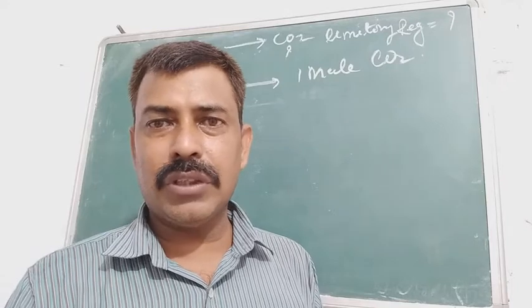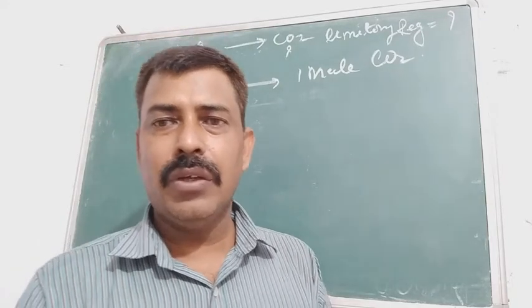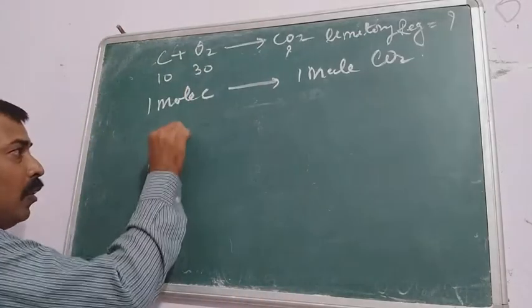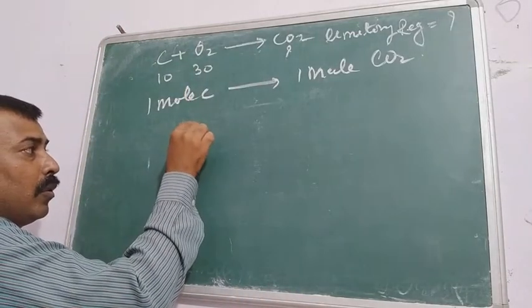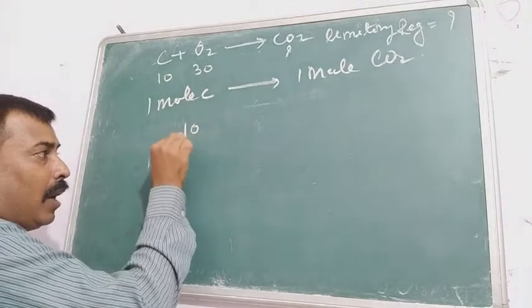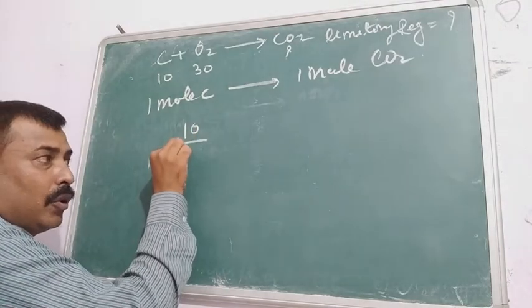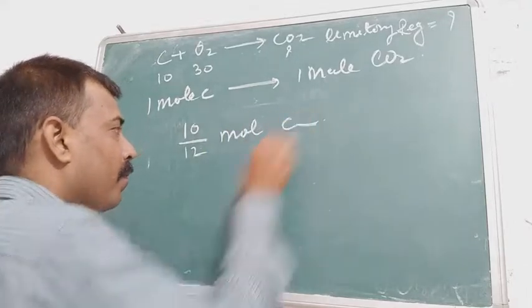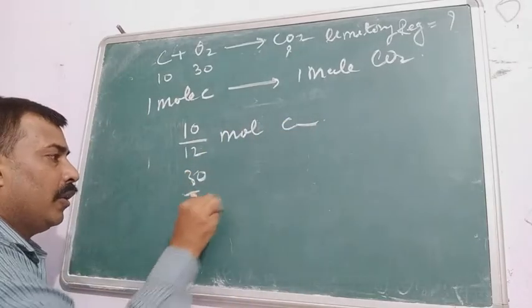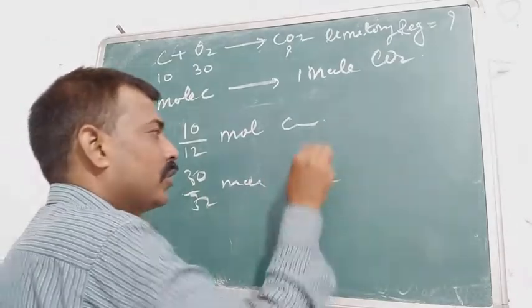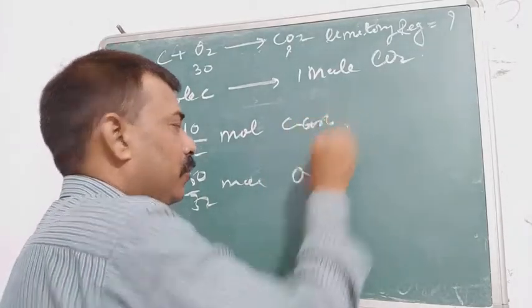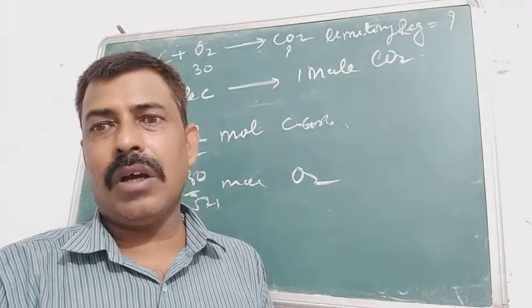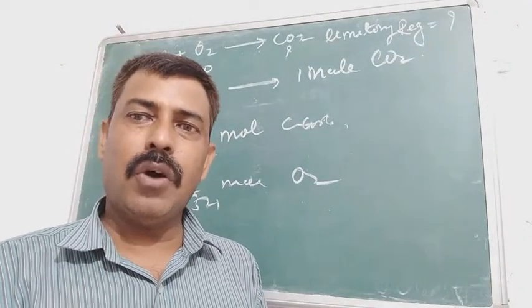So in that process, if you proceed in the same way, we first find the number of moles. That means according to the reaction, 10 gram of carbon means 10 by 12 moles of carbon, and 30 by 32 moles of oxygen, and on the basis of these values, we have taken 10 gram of carbon and 30 gram of oxygen.